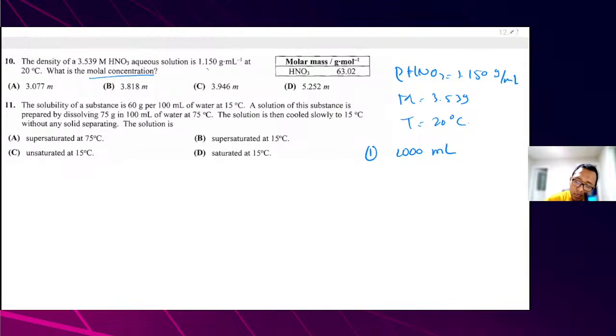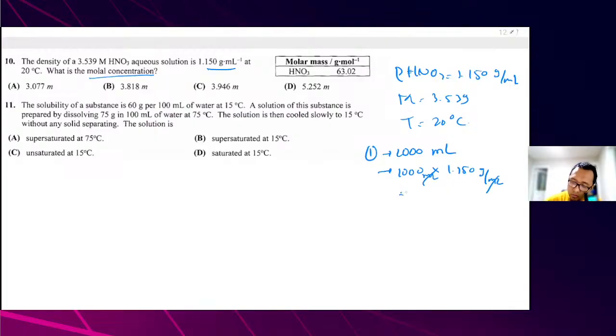So we also have density, like the previous equation. So in 1,000 milliliter, how about the mass itself? The density is gram per milliliter, so we can cancel out the milliliter, and then 1.150 times 1,000.